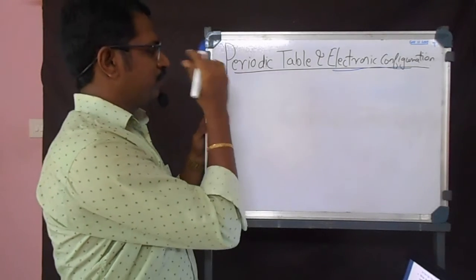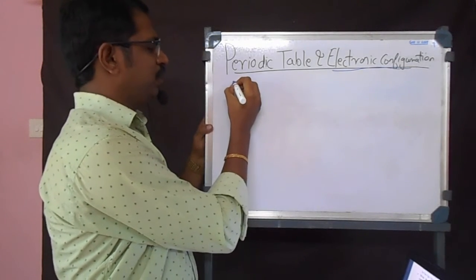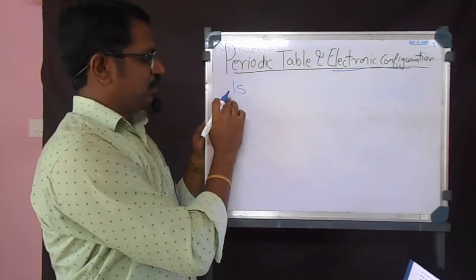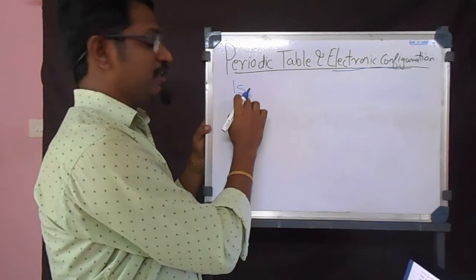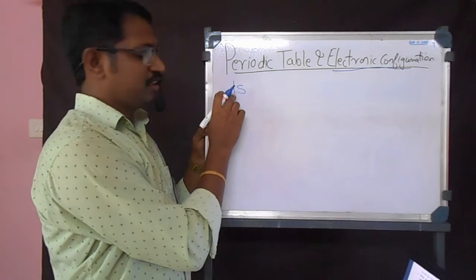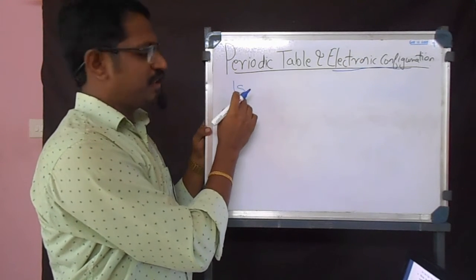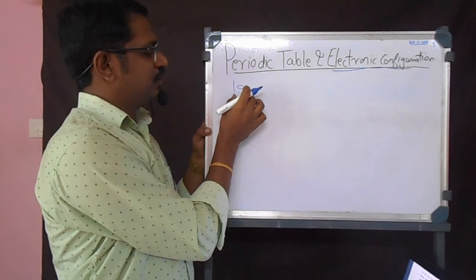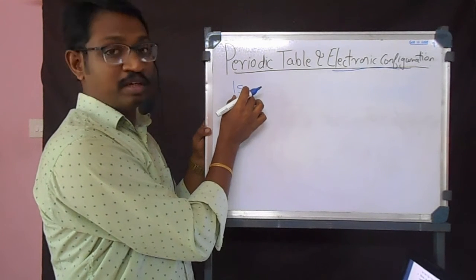So as usual we may think, usually we write 1s. The energy will be like this. The first shell, and this is the s added to it, the subshell. So this becomes the first subshell electronic configuration, that is 1s.